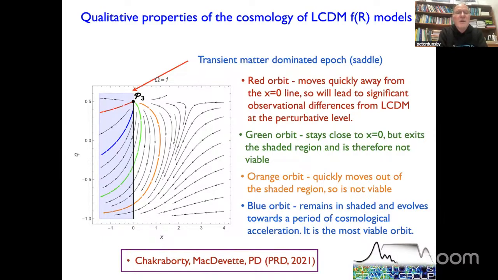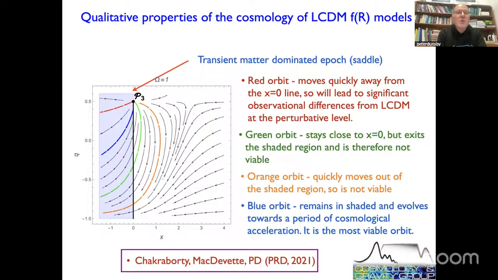The green orbit moves away from P3, the matter-dominated saddle point, in such a way that it does stay close to x equal to 0, but the trouble is it moves into the region on the right-hand side, so therefore it's not viable. And that's the same for the orange orbit, that both has a problem in that it moves quickly away from P3 and the x equal to 0 line, and is also non-viable.